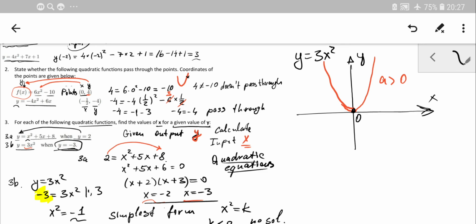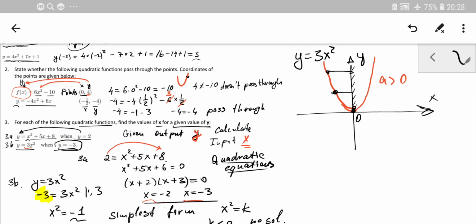However, can y equal -3 be possible for this parabola to have y negative? No. Actually the range of this function goes completely above, right? You see that for all y's for that function, no matter which point you take, for this point, for example, the y value is here, for that it is here.